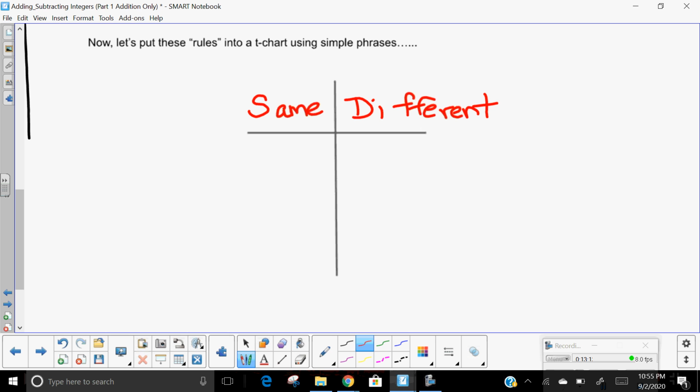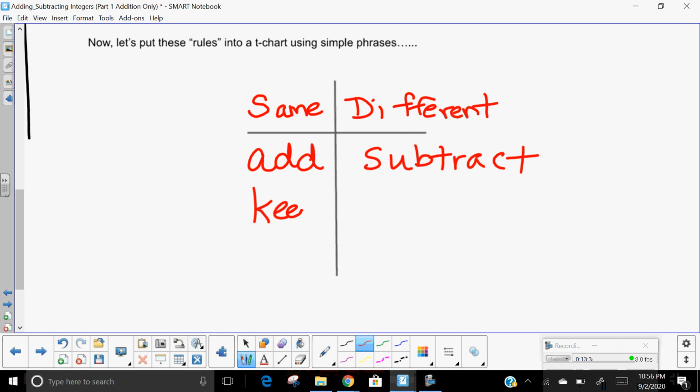So now we can sing the song. We're going to say same sign, add, different sign, subtract, same sign, keep the sign, different, keep the larger.